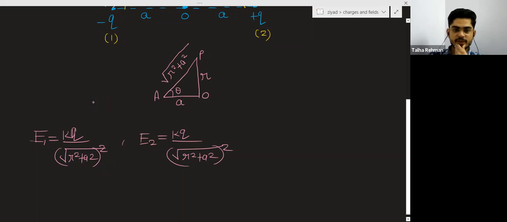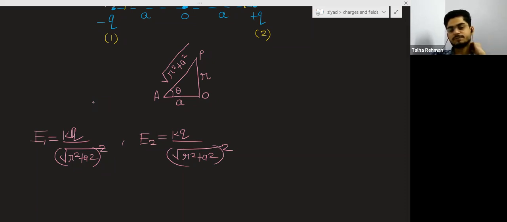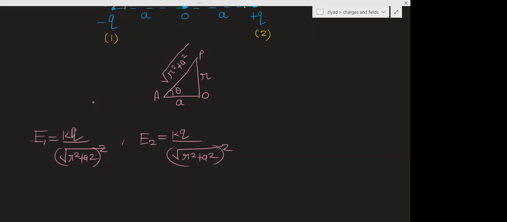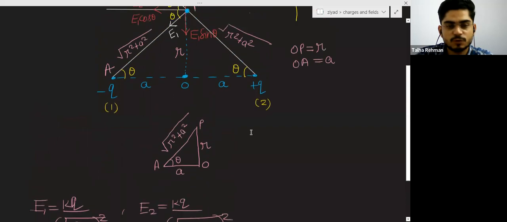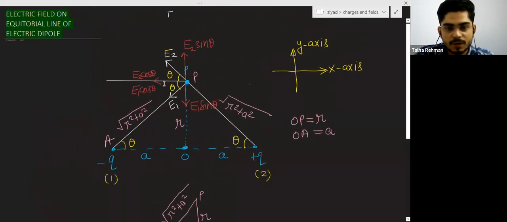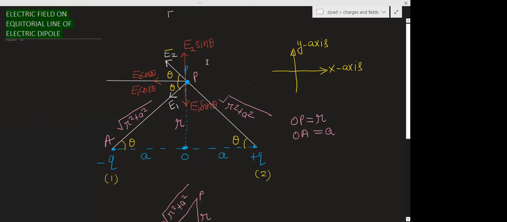So now see, E1 is equal to E2. We have E1 and E2 are equal here. So in Y direction, both the electric fields will be cancelled out. This electric field will cancel this electric field because these two are in opposite directions.